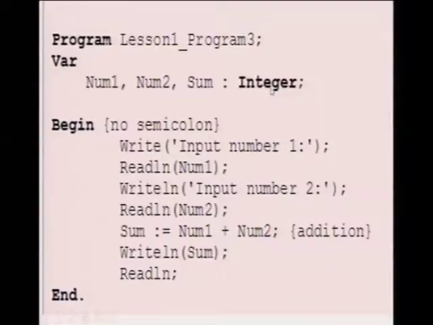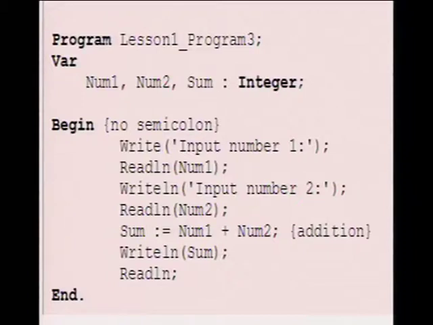Then in front of the declaration, can you see this word in bold called integer? I declare num1, num2, and sum as my variables. But what type of variables are they? Are they numbers, or are they alphabets?